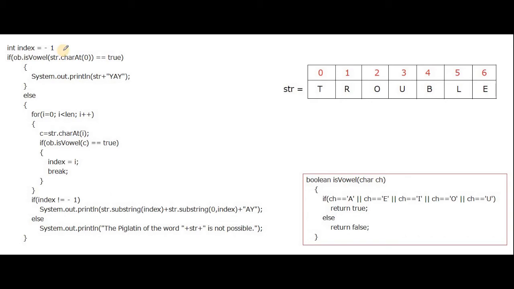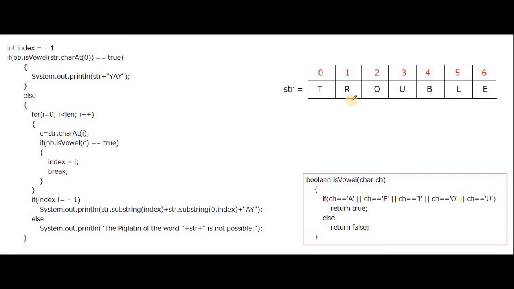Maybe the question is arising in your mind: why -1? Normally any integer variable by default we assign 0, but in this case why -1? Only one reason: the indexing of any word or any string starts with which number? 0. So we cannot use 0, because 0 is a valid index value.